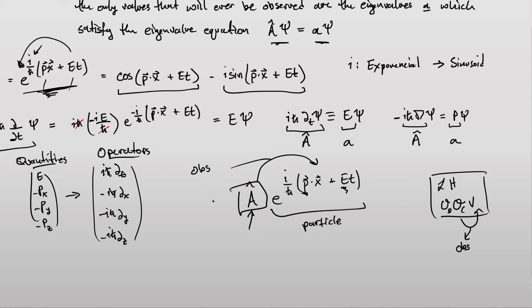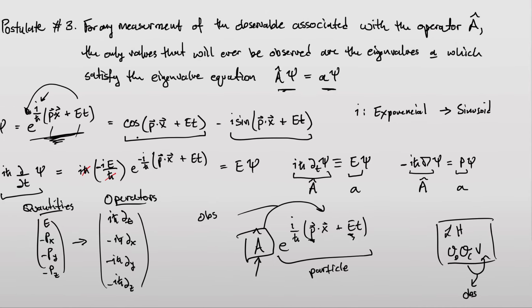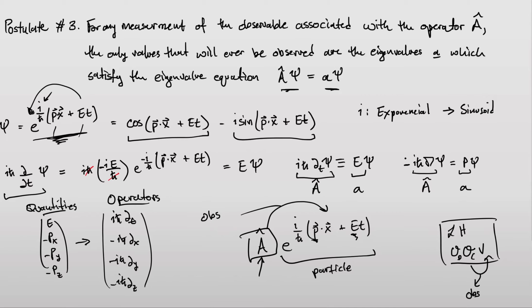Okay. And this is why postulate 3 is given as a postulate, and you don't really go that deep into it. It's because we're assuming that we're just starting off with this exponential, and this exponential has these two properties here, and then we go from there.